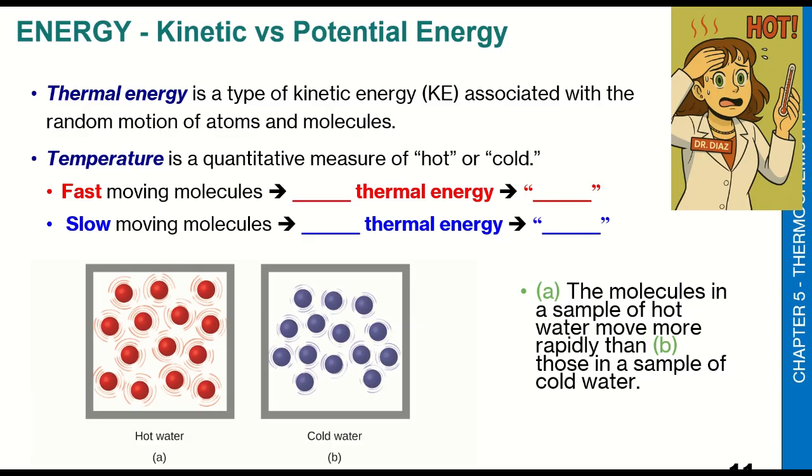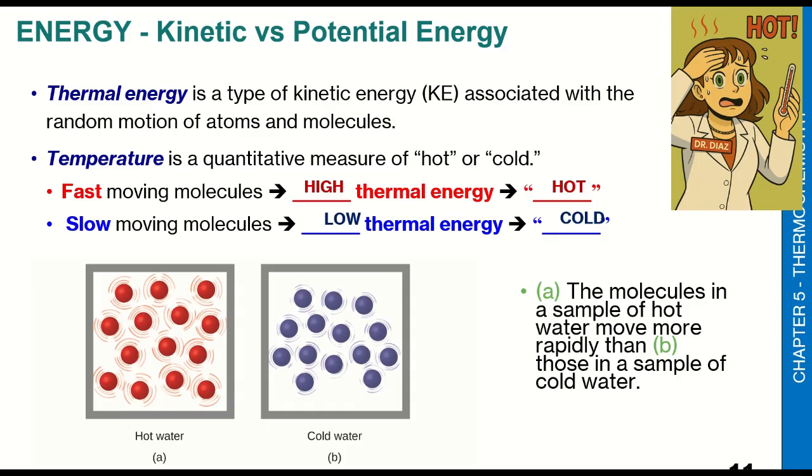And how are we going to quantify? Using the temperature. When the molecules are fast moving, what do you have? A high thermal energy because they are fast, right? So we have a hot temperature. When the molecules are slow moving, we have low thermal energy. They are moving slower, right? So we have cold.